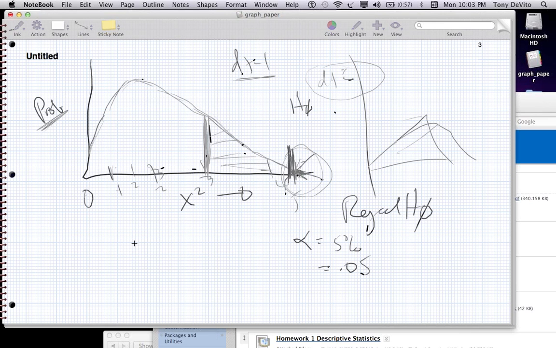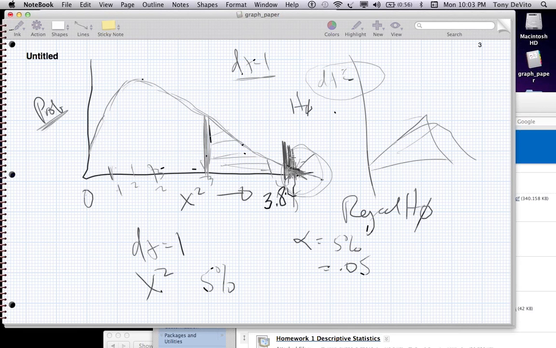As it happens, for 1 degree of freedom, the chi-square value that gives you exactly a 5% chance of being wrong, which leaves 5% at the end of this tail, is 3.84.